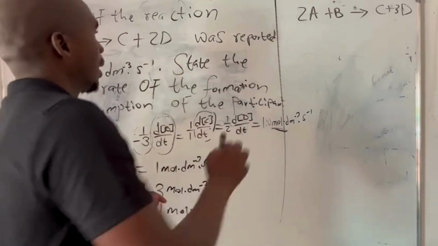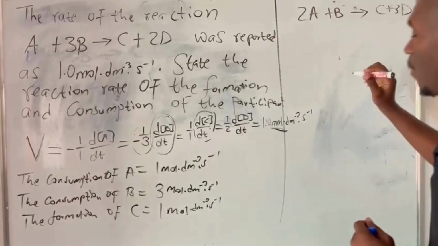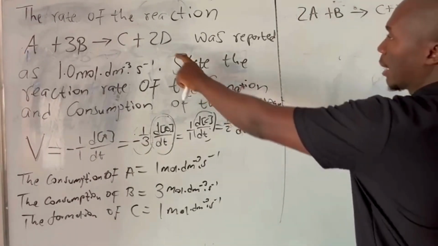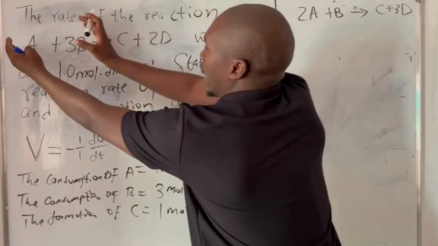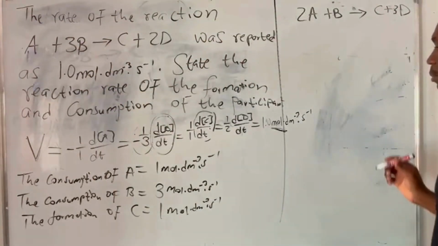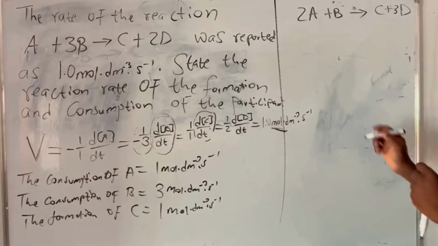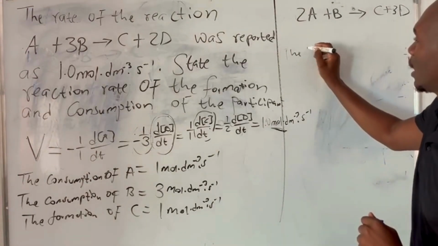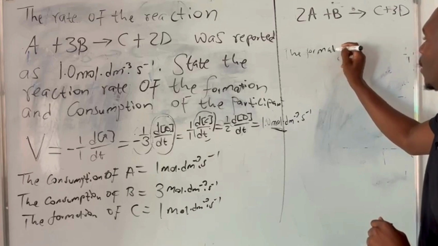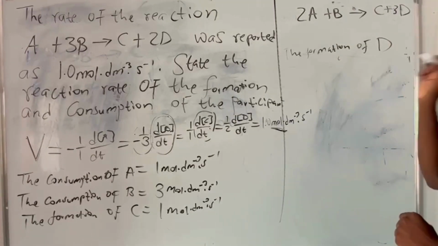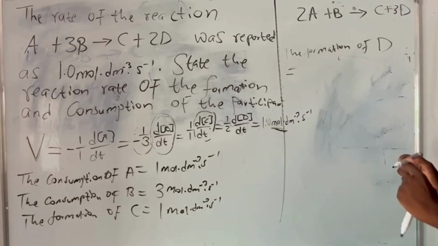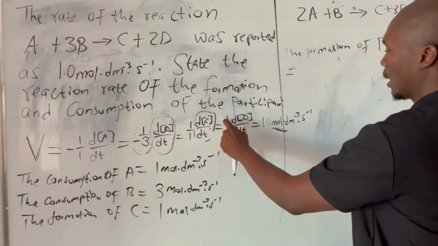Then the last one, let me write it here, which is the formation of D. Remember, D is in the product. On the product, we talk about formation. On the reactant, we talk about consumption, because the reactant is the one that is consumed. So the formation of D will be equal to what? We relate this one and this one.